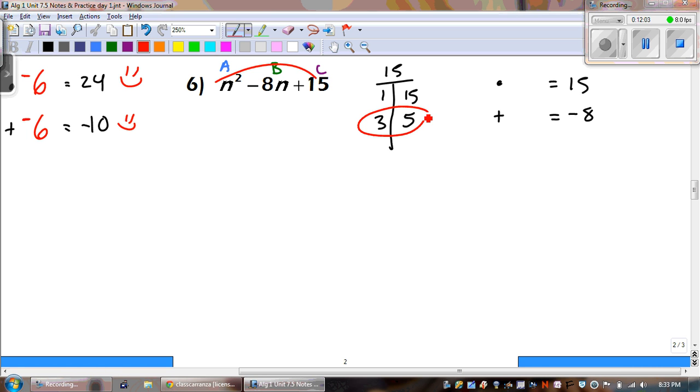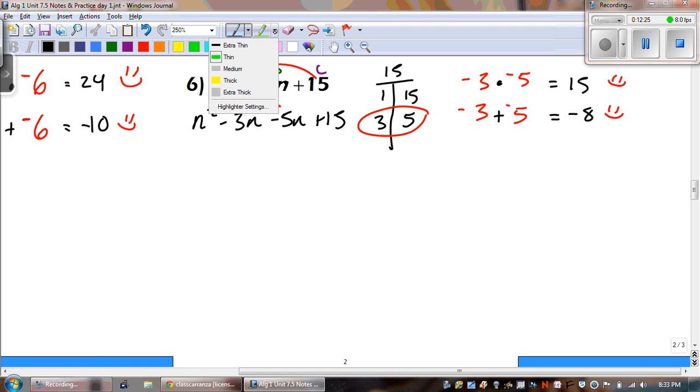We should be using 3 times 5, and it's got to be a negative 3 and a negative 5 to make both statements true. Okay? So when we split the middle term, we get n squared minus 3n minus 5n plus 15.